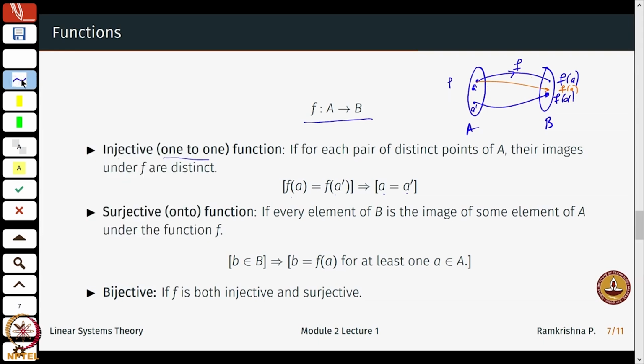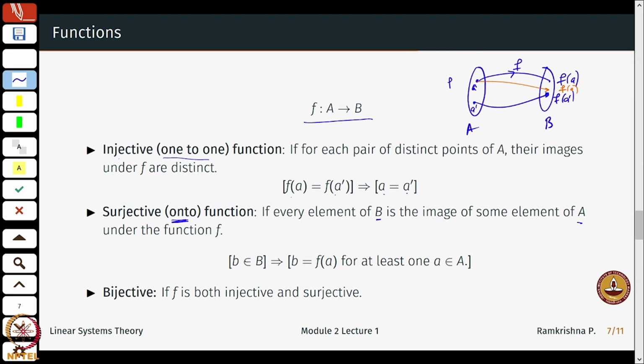Now similarly, if I look at what is called an onto function, we would be familiar with this kind of terminology, one-to-one and onto. This means that every element of B is in the image of some element of A under the function f.